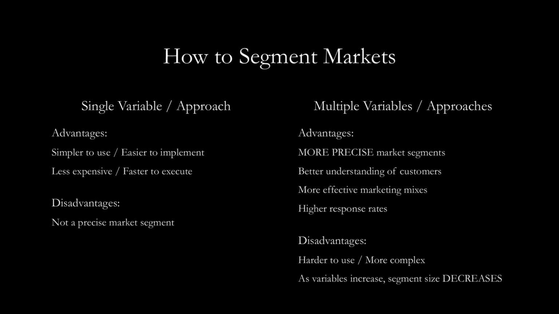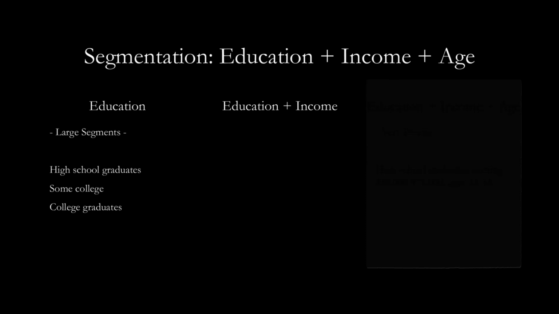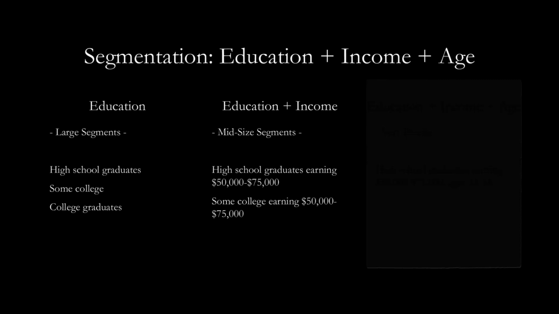Let's illustrate this with education, income, and age. Single variable using education only. We have large segments: high school graduates, some college, college graduates. Now, if we use two variables, education plus income, we have mid-sized segments: high school graduates earning $50,000 to $75,000 per year, some college earning $50,000 to $75,000 per year, and college graduates earning $50,000 to $75,000 per year.